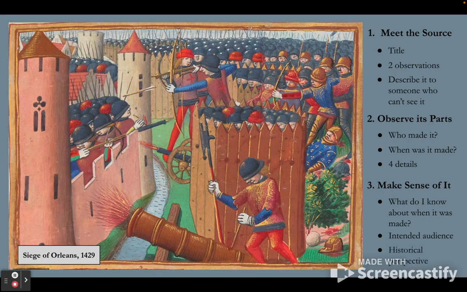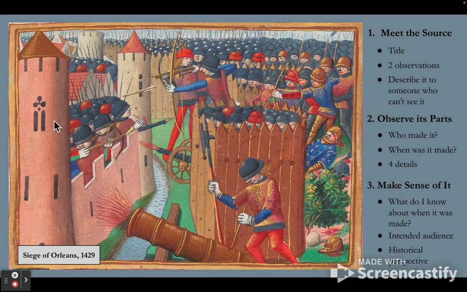An historical perspective. I'm going to say that the person who created this, their perspective of the war is that this side outside of the castle is much more powerful than the side inside the castle. Remember, Orleans was controlled by France at this time.